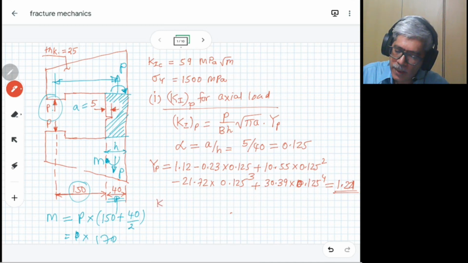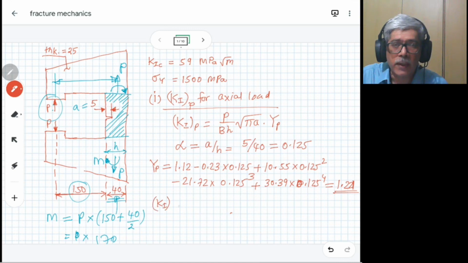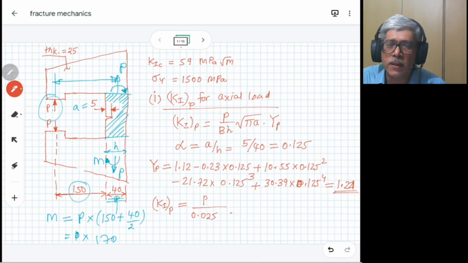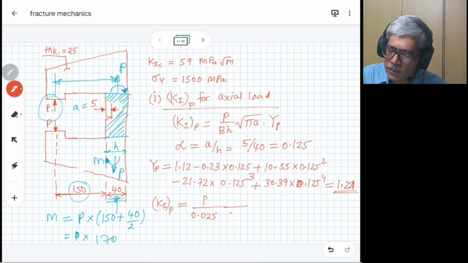So now we can determine the stress intensity factor for a given load P as P divided by B, which is 0.025 meters. Remember that it is safer to do all calculations in pure SI units so that we don't get lost anywhere.